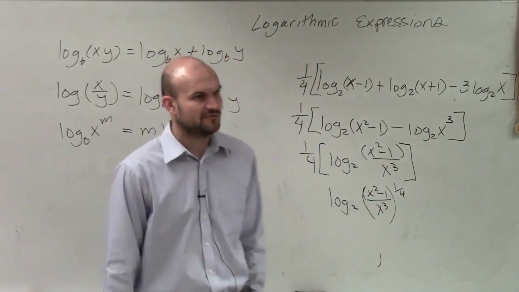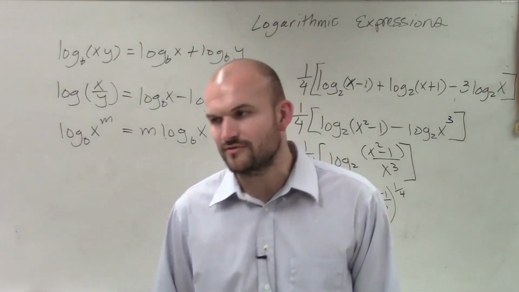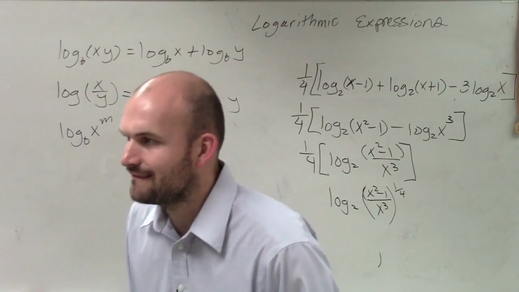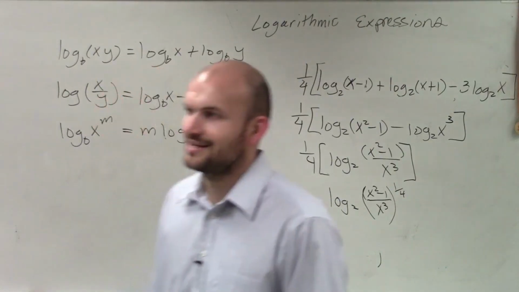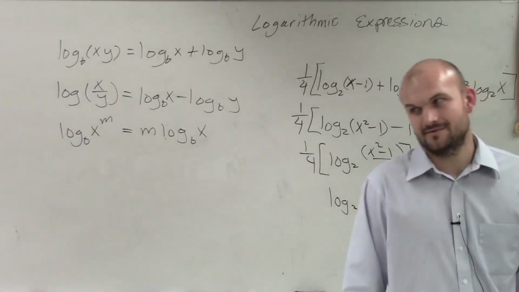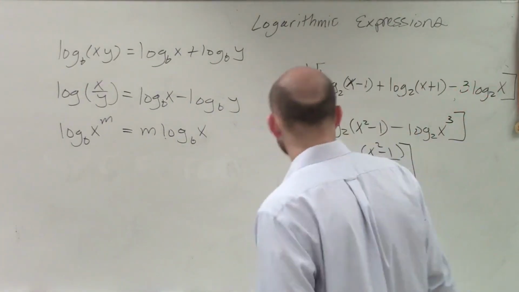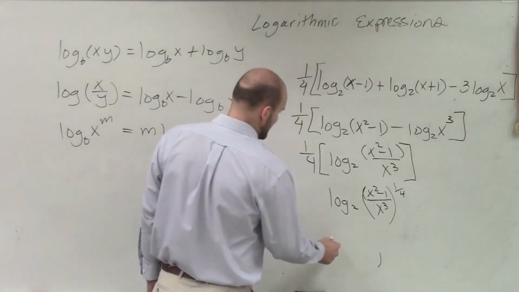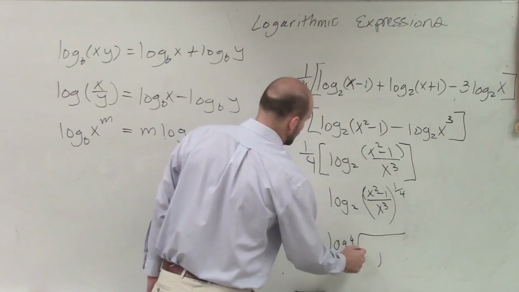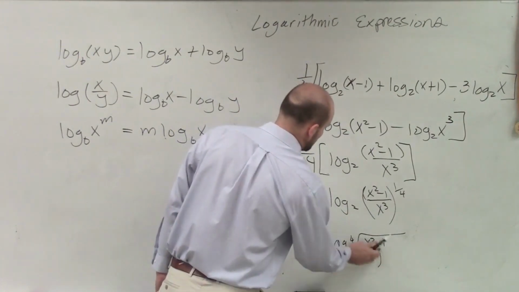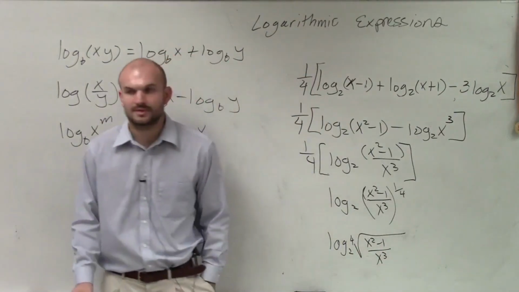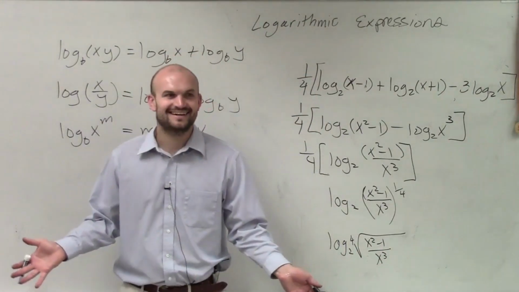Now, going back to my familiar rule, raising something to the 1/4 power is the same thing as the fourth root. Very good. So my final answer is log base 2 of the fourth root of x squared minus 1 divided by x cubed. Ta-da!